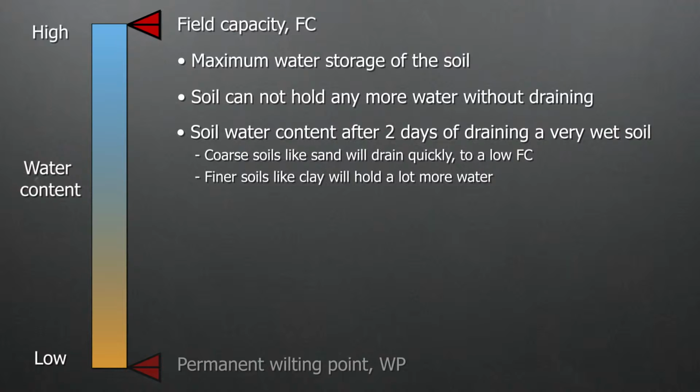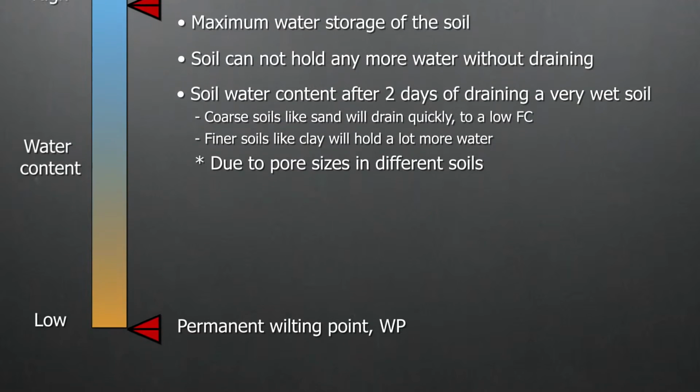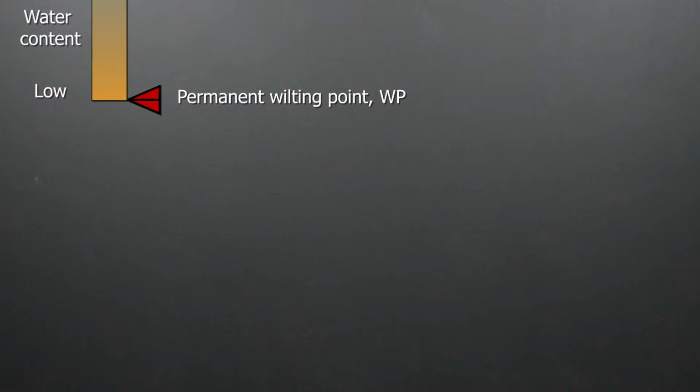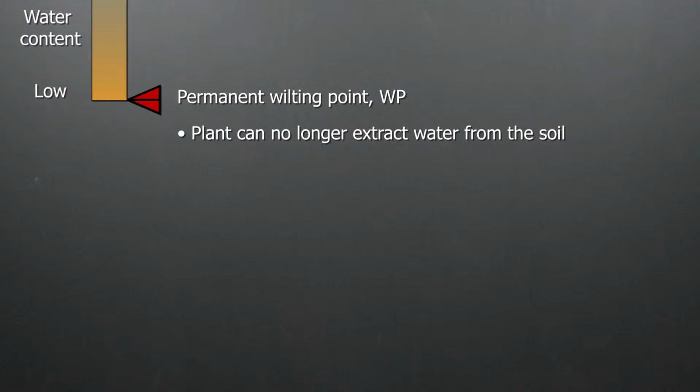If you remember the previous video, we learned that this is due to the pore sizes in the different soils. WP, or wilting point, is the point at which the plant can no longer extract water from the soil, and it will die.